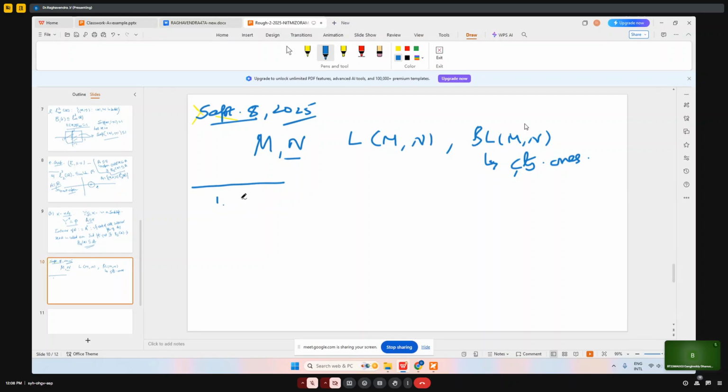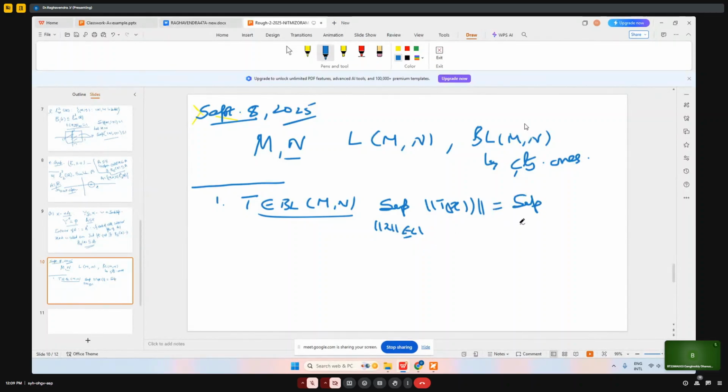If you take T in bounded linear operators, there are several equivalent conditions. One of them is that the supremum over norm x less than or equal to 1 of norm Tx is actually equal to the supremum over the surface.